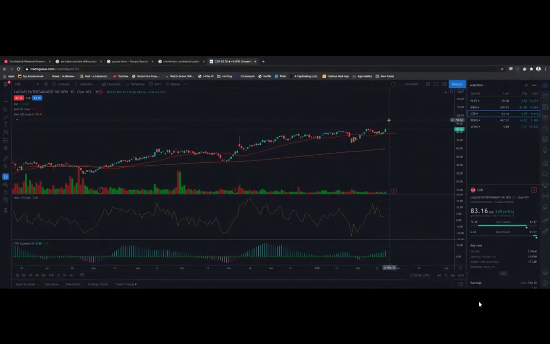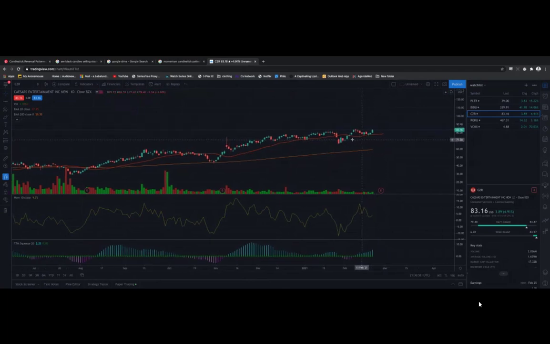And I know that these sectors run together. So if Penn, if MGM, if DraftKings is running, I expect some of the other ones to have the potential to run. And look at what we saw.